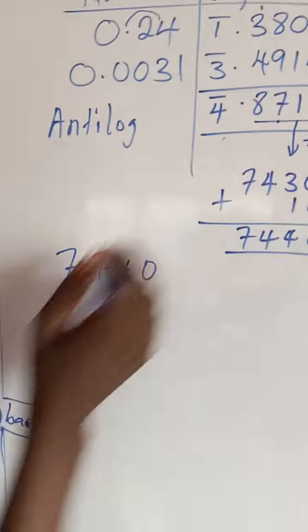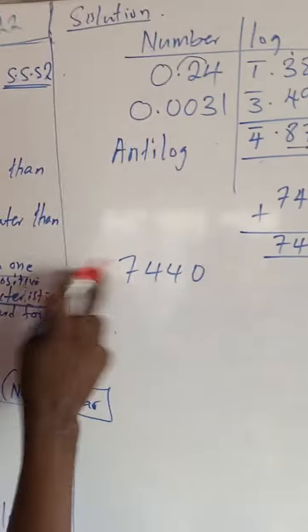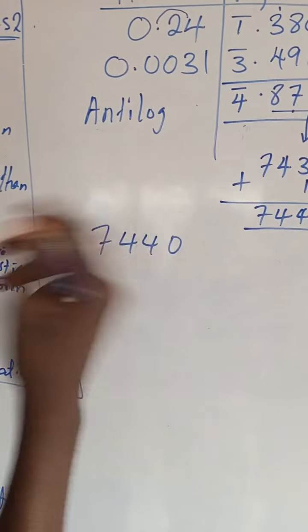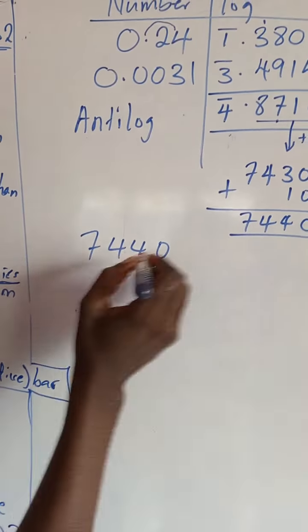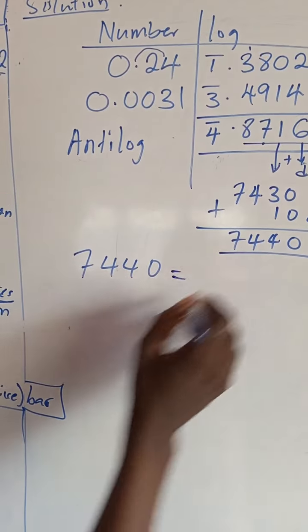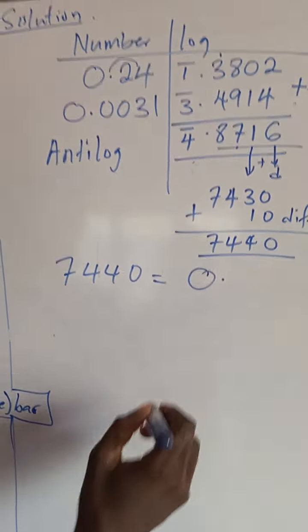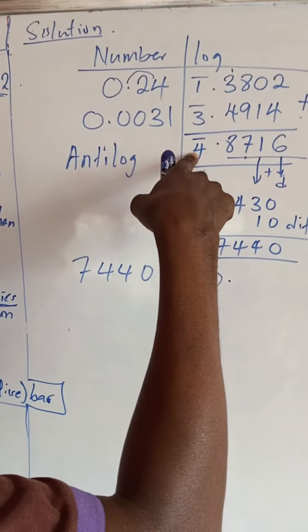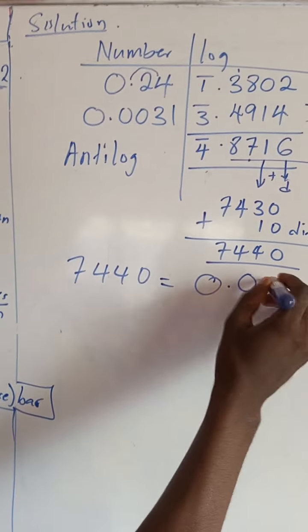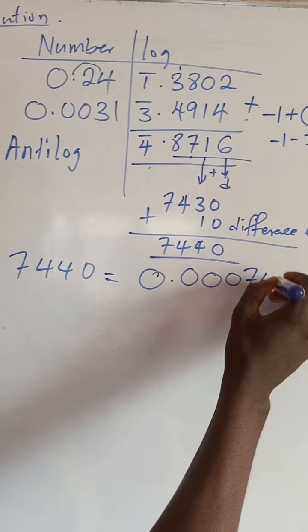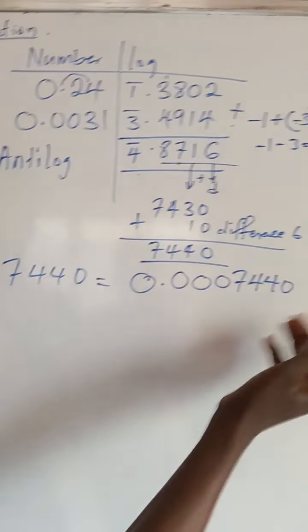To say bar 4 is -4, and it will be at the front. So ordinarily, I'll put it in a form that it will now be 0 point, because I want to have this characteristic 1, 2, 3, then 7, 4, 4, 0, possibly.